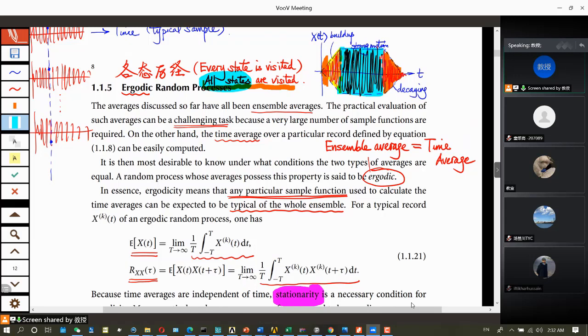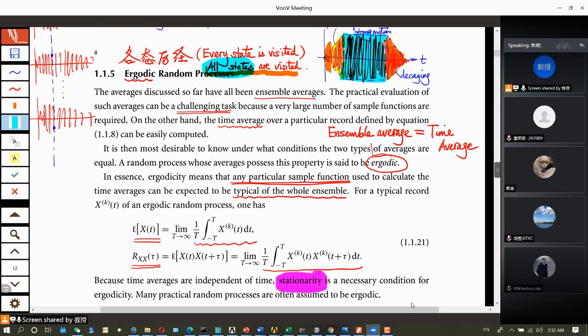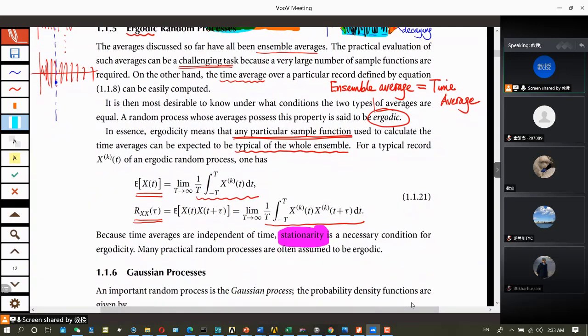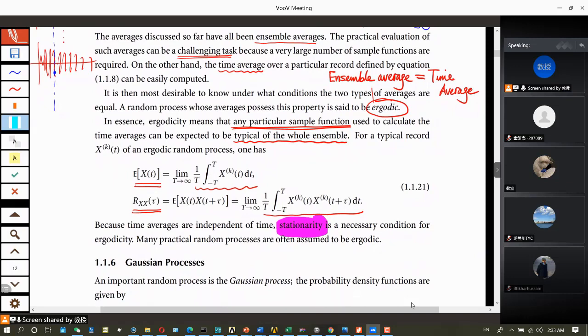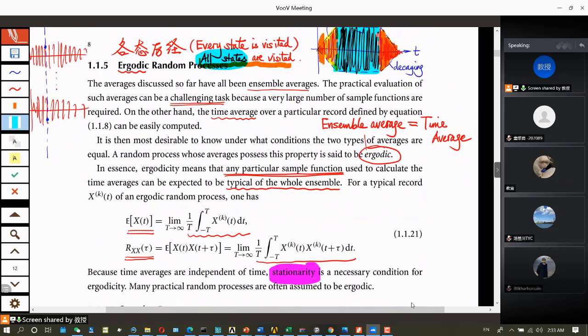Okay, so you can see for the strong motion portion, you can model it as stationary. And then possibly this portion can be regarded as ergodic, okay, because all possible states are visited. Is that clear?